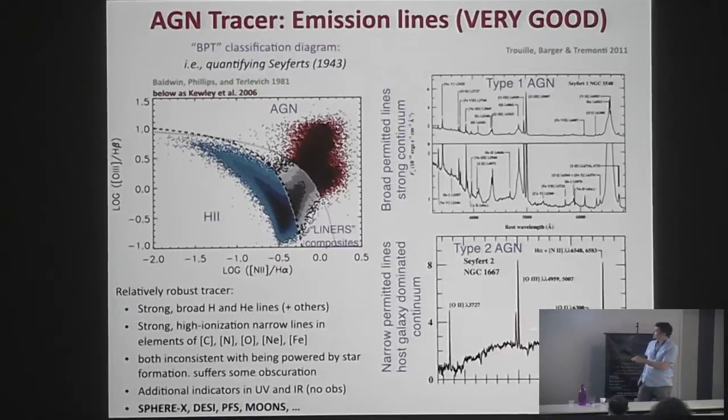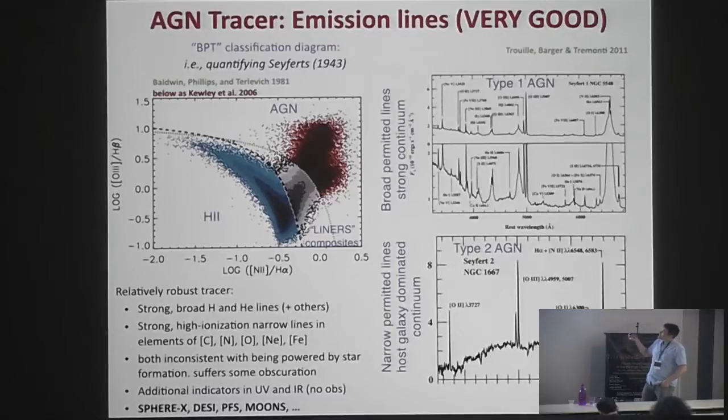This is at 5,000 angstroms, and so past a redshift of 1 or so, you can't use it in the optical. And so this BPT diagram, at least as it seems right now, is only useful for the lower redshift end of the universe. The last 3 gigayears or so, or 5 gigayears.